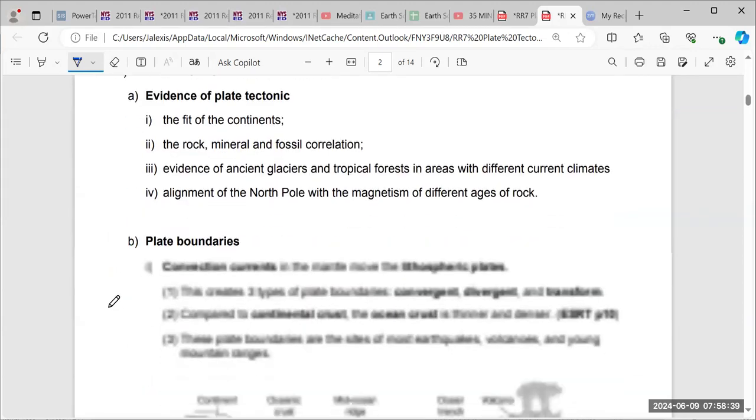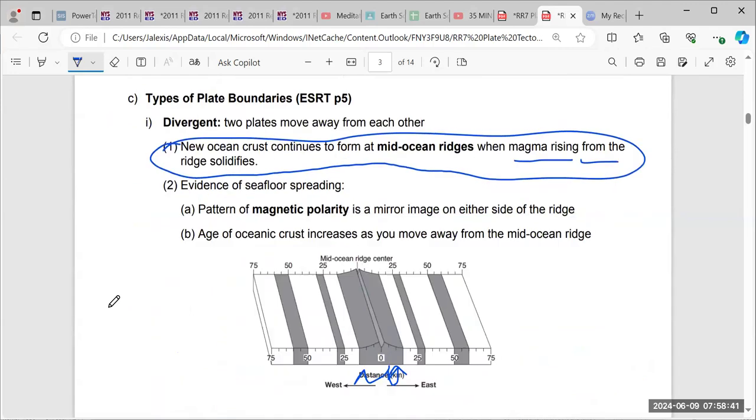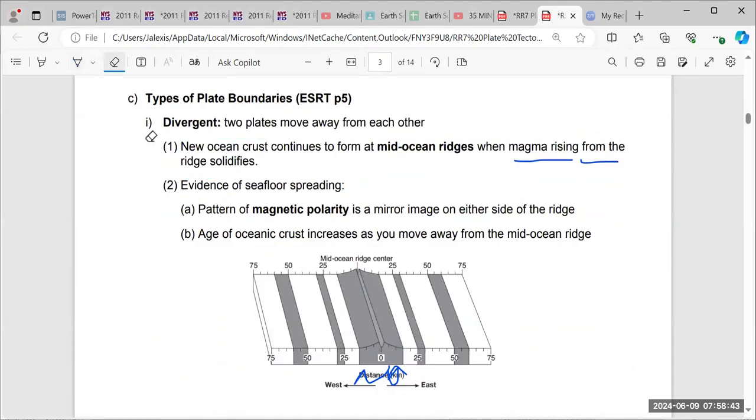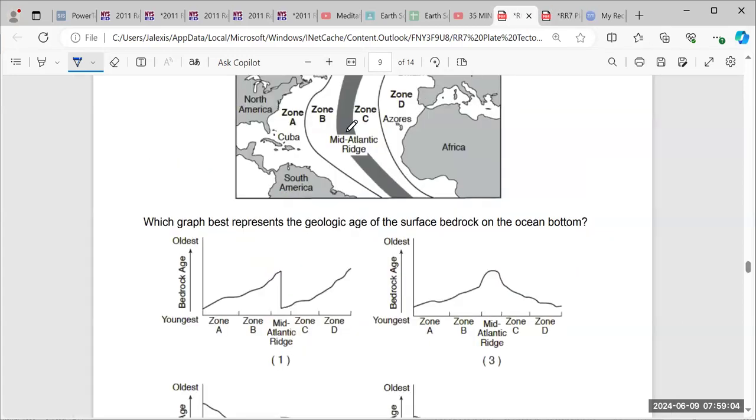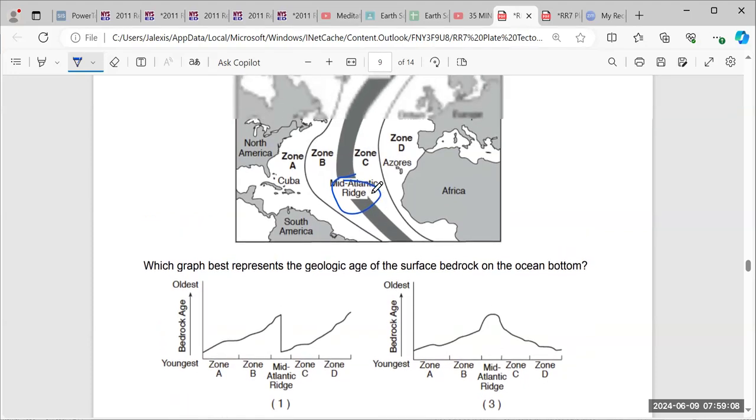Let me erase this. Look at what it says: the age of the ocean crust increases as you move away from the mid-ocean ridge. So as I move away from this ridge, the age of the ocean floor should increase.